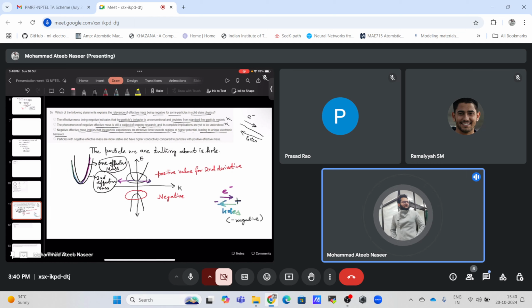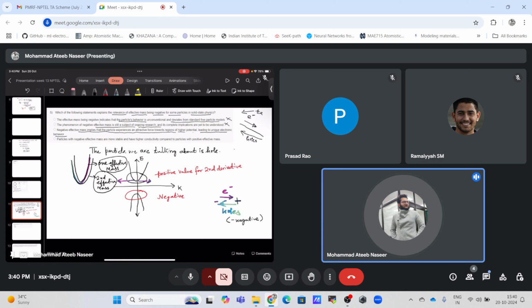What I have drawn over here is simply the electric field, like this. So the holes will move in the direction of the electric field. Let's not get confused with this.